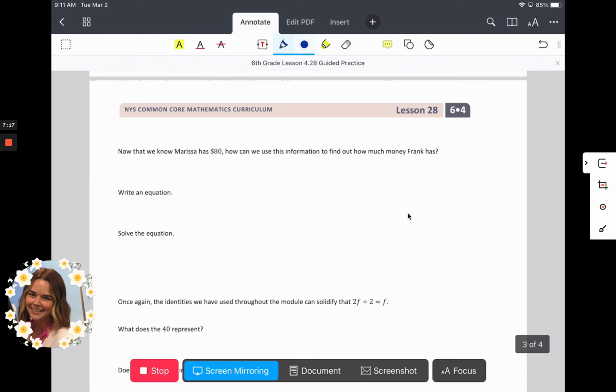So our equation could be 2F equals 80. To solve this, since we are multiplying, we'll have to divide to isolate our F, and we're left with F equals 40.